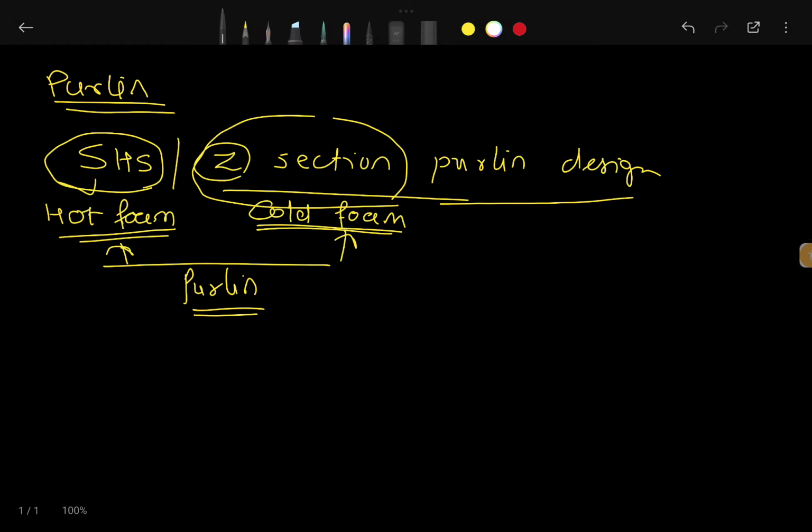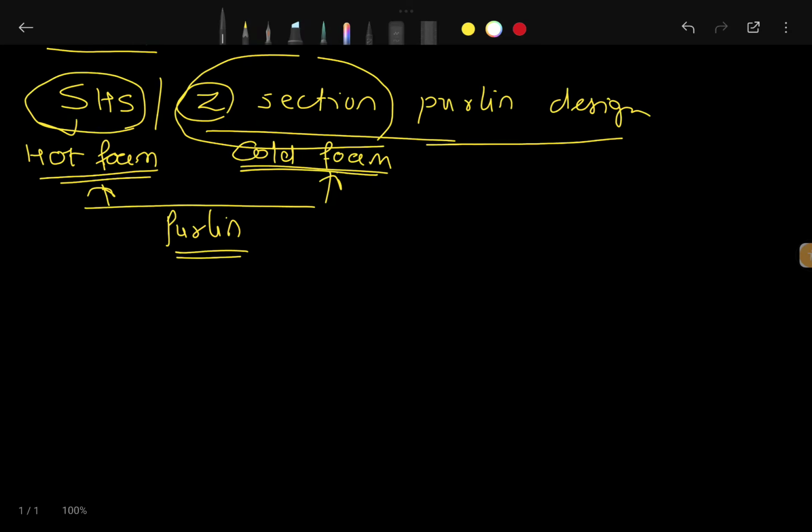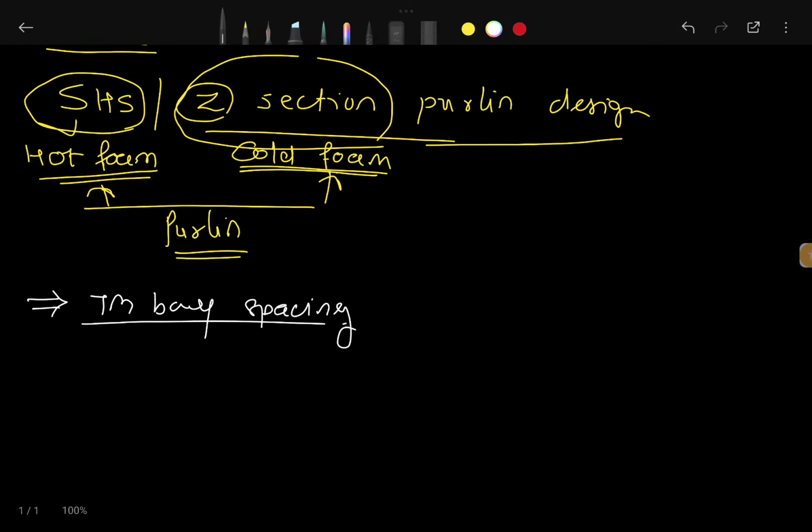At the end of this example, you can conclude why we use Z section and why we do not recommend SHS section for our PV structures. So let's start. First of all, this SHS or Z section we use for this 7-meter bay spacing.